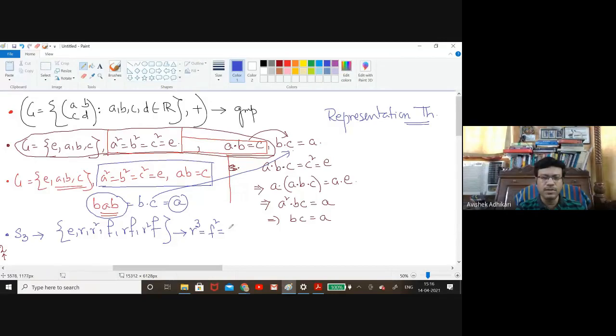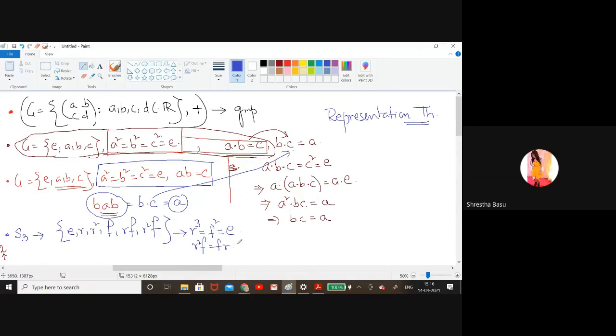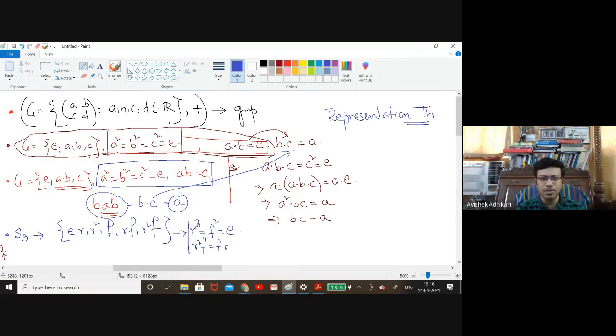E. R cube equal to E, and then R square F equal to FR. So these extra relations will help you reduce any complicated form obtained through the combination of these symbols, and you can write it in this form.